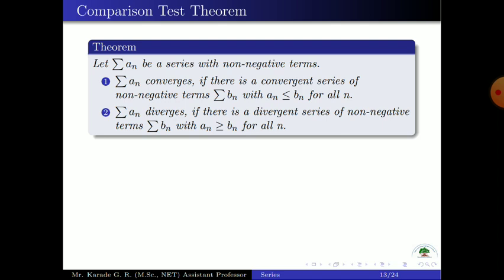This means a1 is greater or equal b1, a2 is greater or equal b2, and it is true for all n. In this case, the series summation an is divergent, if we have a divergent series summation bn satisfying an greater or equal bn for all n.